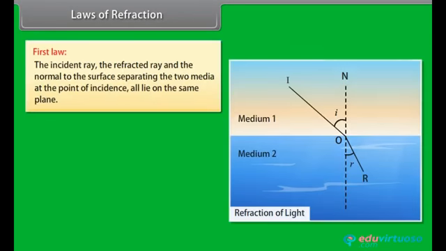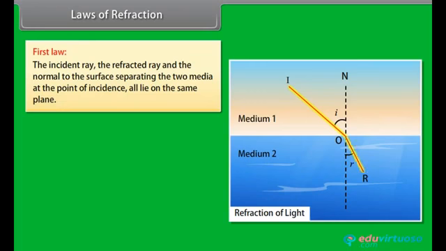Laws of refraction. There are two laws of refraction. First law: the incident ray, the refracted ray, and the normal to the surface separating the two media at the point of incidence all lie on the same plane.